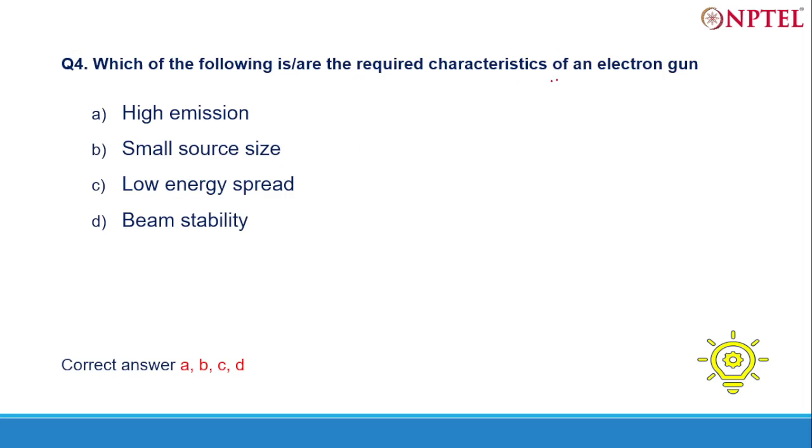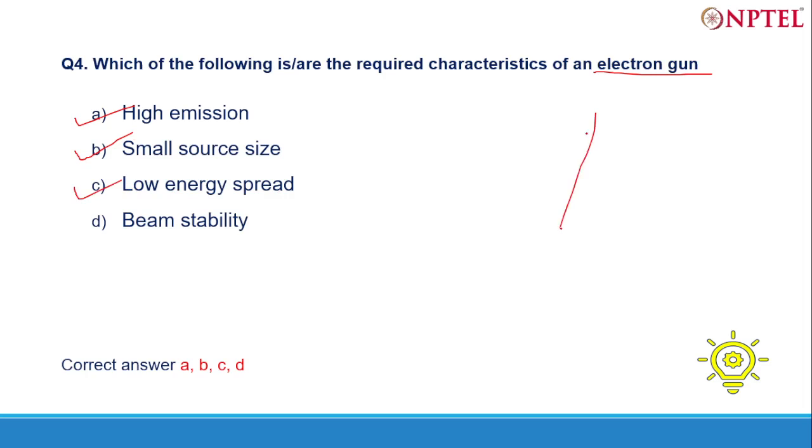Which of the following is a required characteristic of an electron gun? Okay, electron gun emits electrons. So if it's a gun emitting electrons, it must have high emission. This is correct. A small source size. This is also correct, because if you have a big source size, then there will be some difficulty in arranging or handling these things. Third is low energy spread.